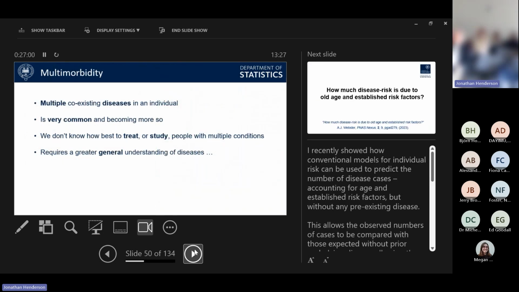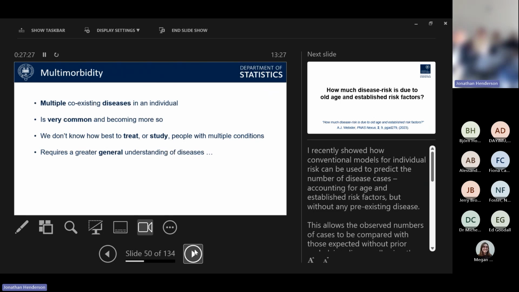So what is multimorbidity? Multimorbidity is a word used to describe multiple coexisting diseases within an individual. It's very common and it's becoming more so. We don't know the best way to treat people with multiple conditions, and we don't even know how to study them.